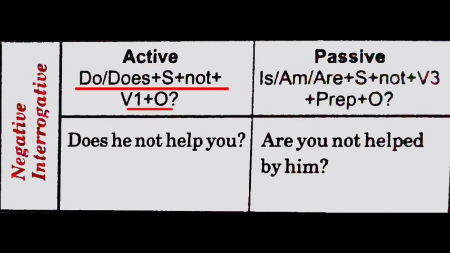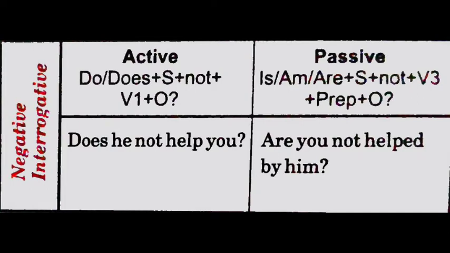Negative interrogative is of the form do/does plus subject plus not plus first form of the verb plus object. So again do/does will change to is, am, are, subject, then not, then the first form of the verb will change to the third form, and then we'll write the object. For example, does he not help you? Does changes to is, am, are. So are you not helped by?